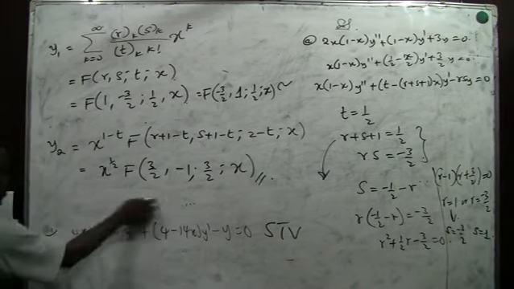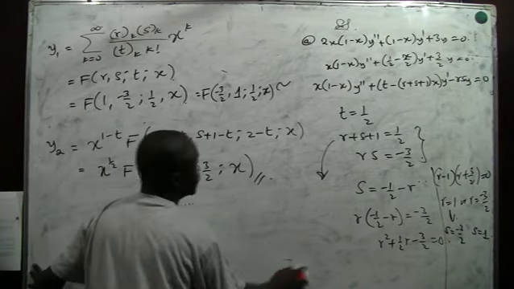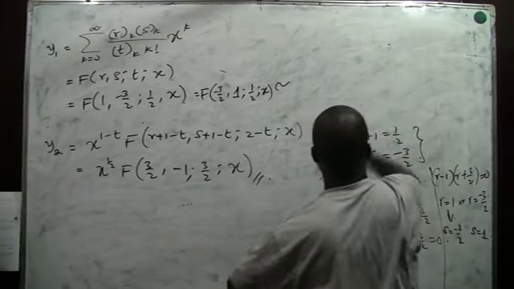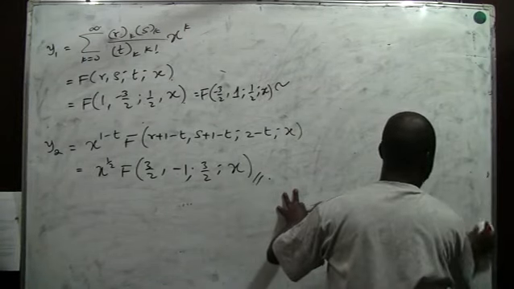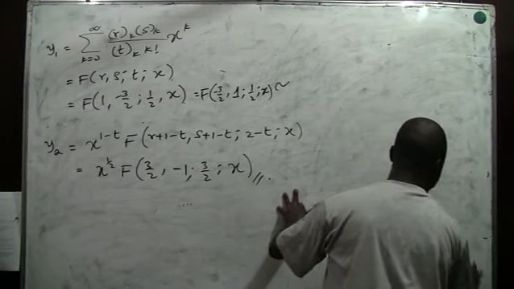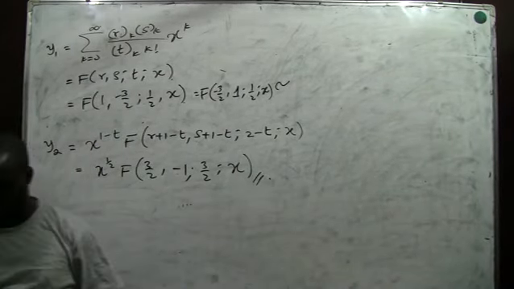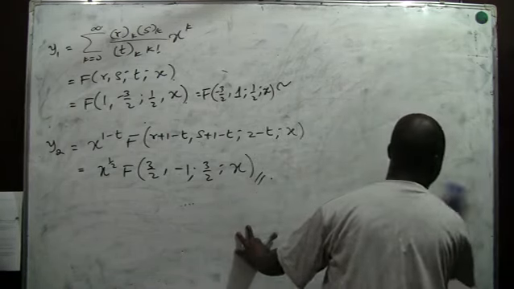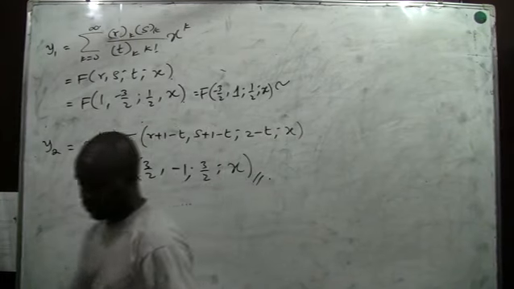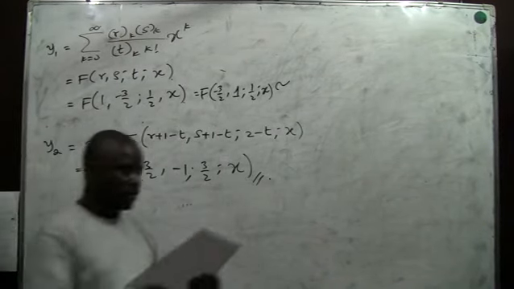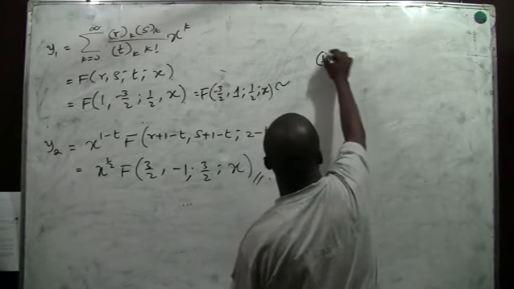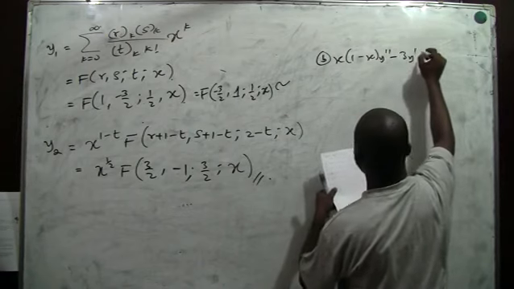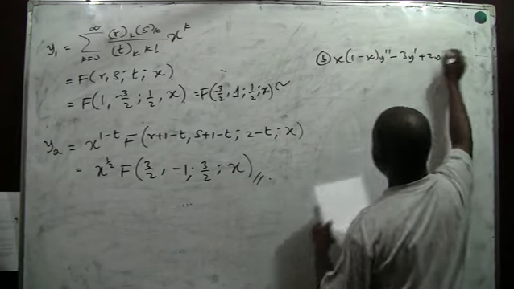So let's take the second question, we'll solve it, then we'll draw the curtain for today's class. The second question is B, x into 1 minus x, y prime prime, minus 3y prime, plus 2y equals to 0.